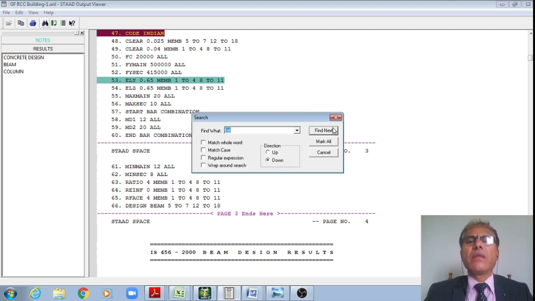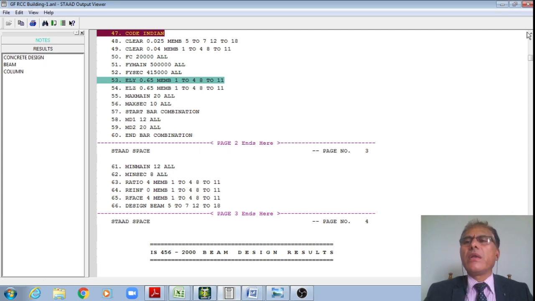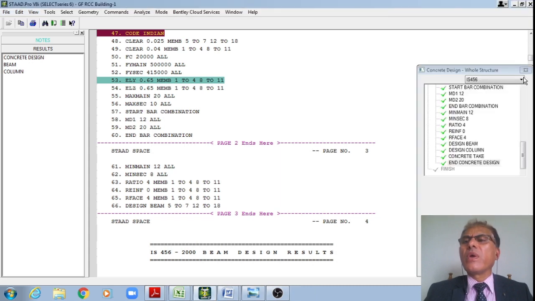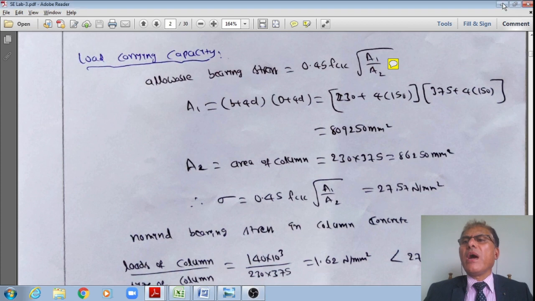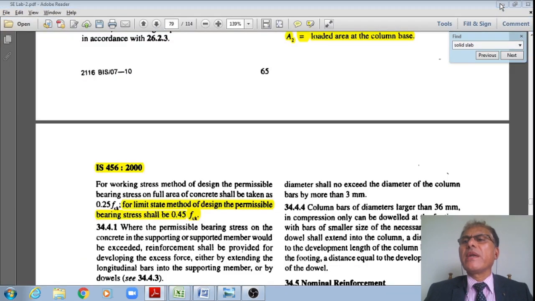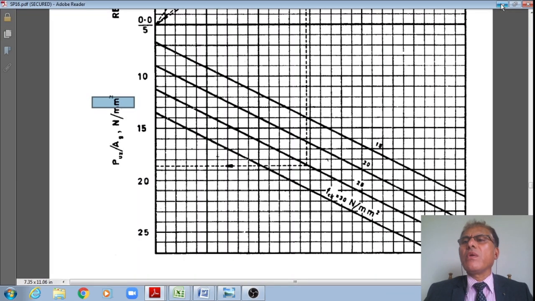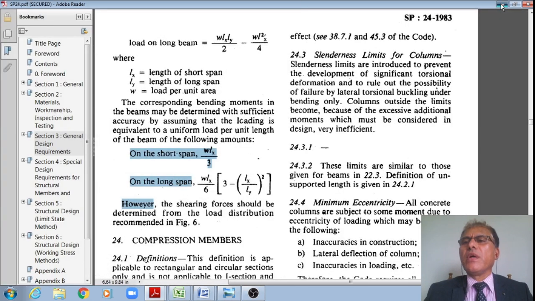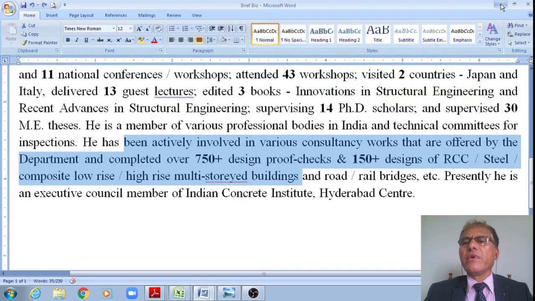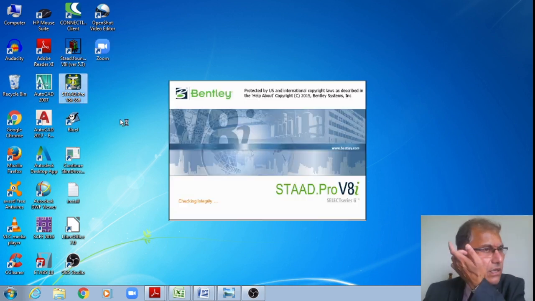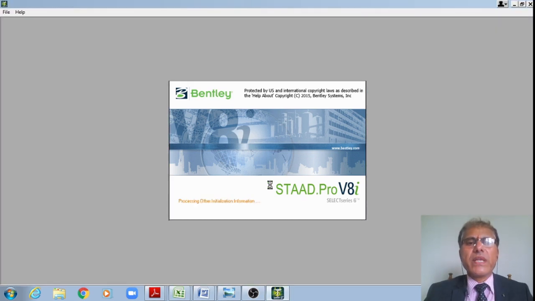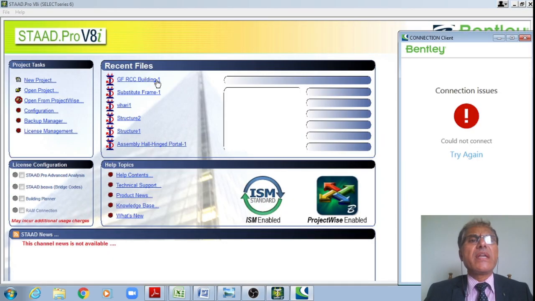In 1 second only I got it. Let me just close and quickly do the analysis, student. Once I do that, I am getting the output within just 1 second. Therefore, there is advantage of running these using the softwares, either STAAD or ETABS.